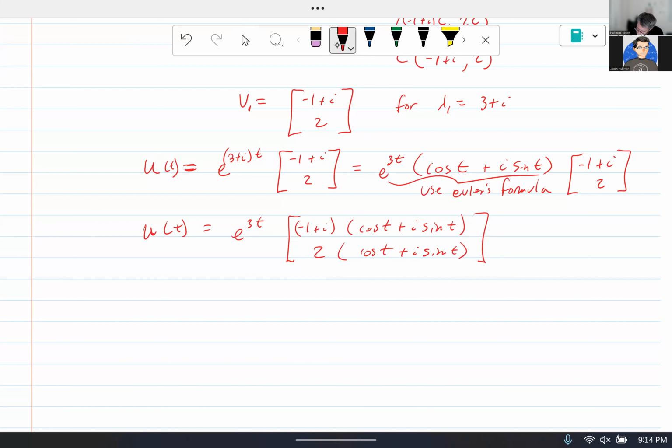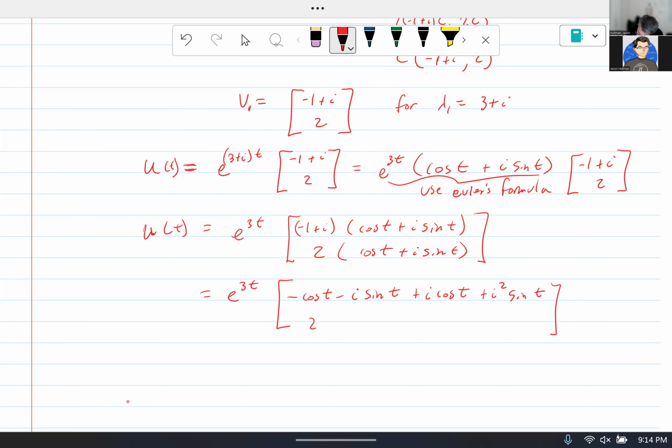So now let's distribute. We get e to the 3t times negative cosine t, distributing the -1 first, minus i sine t, and then plus i cosine t plus i squared sine t on the top.